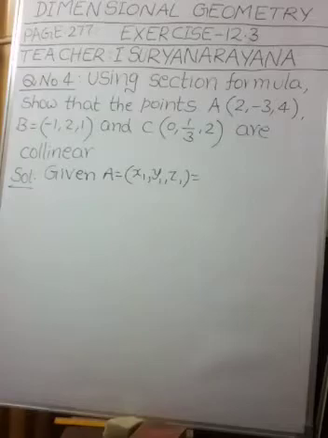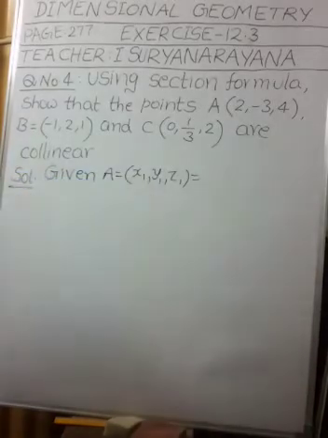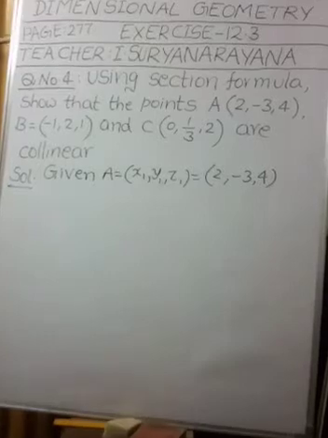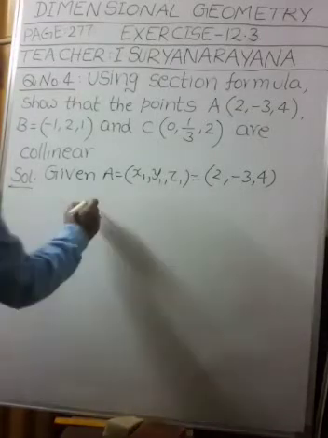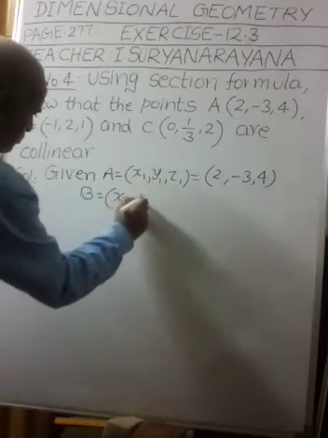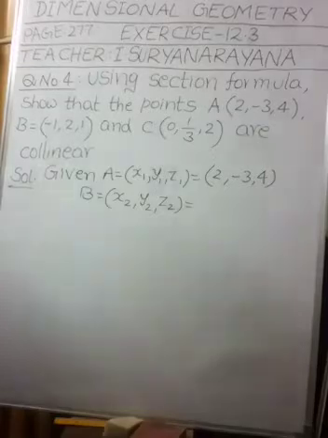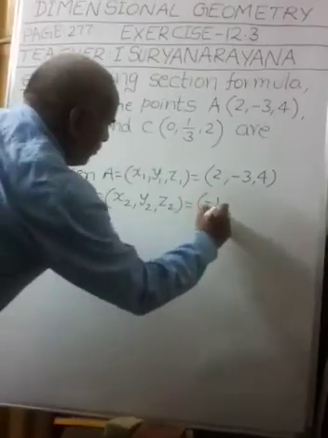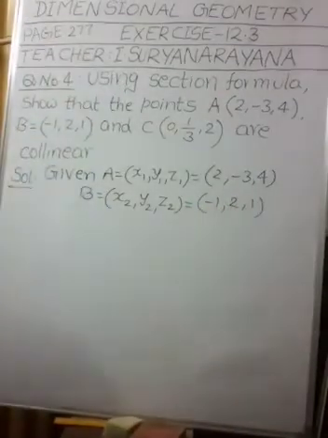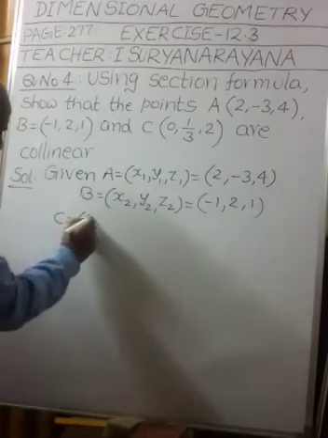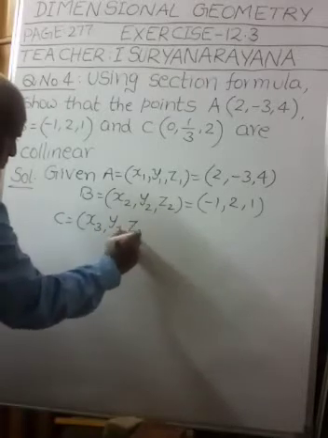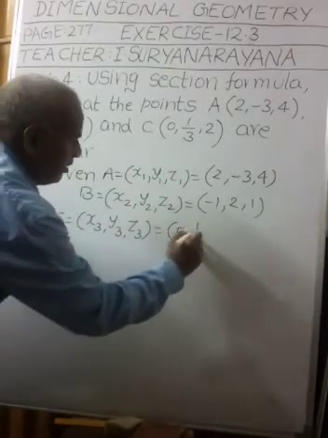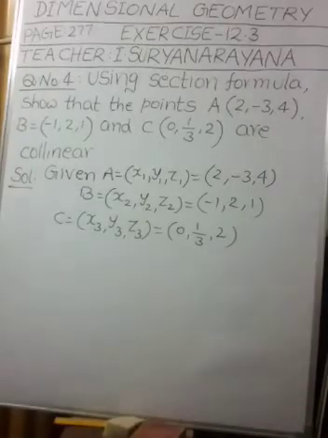Let us consider A = (x1, y1, z1) = (2, -3, 4), B = (x2, y2, z2) = (-1, 2, 1), and C = (x3, y3, z3) = (0, 1/3, 2). We assume like this.